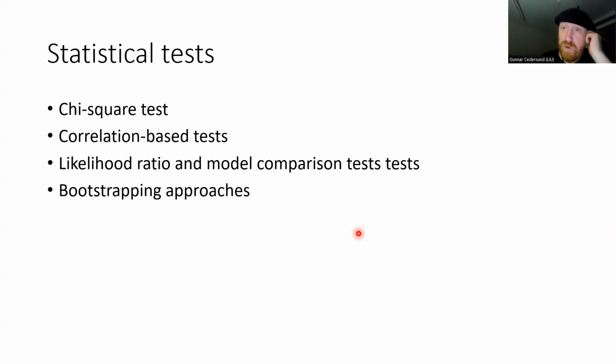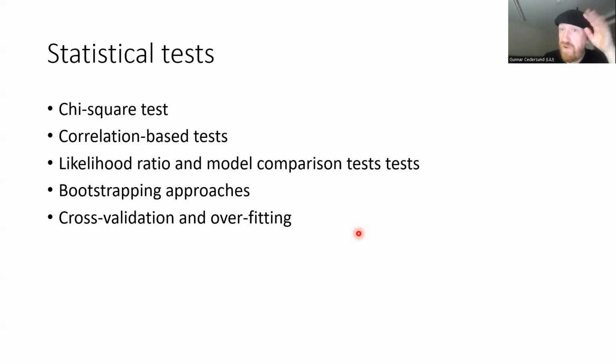And then we look at model comparison tests. The likelihood ratio test is the one that we'll mention, but there are also other ones. Mentioned shortly again bootstrapping approaches, and finally something about the very important aspect of cross-validation and checking for overfitting.